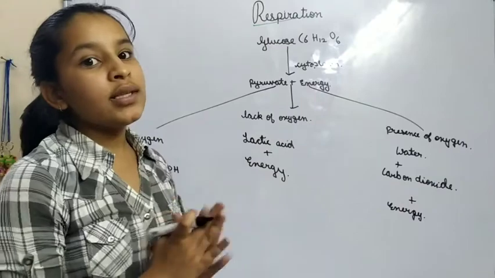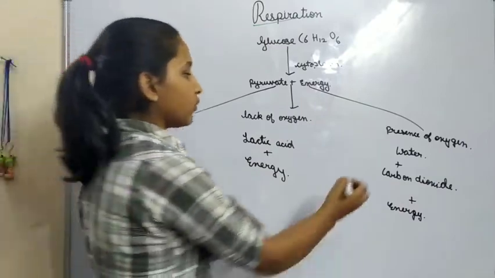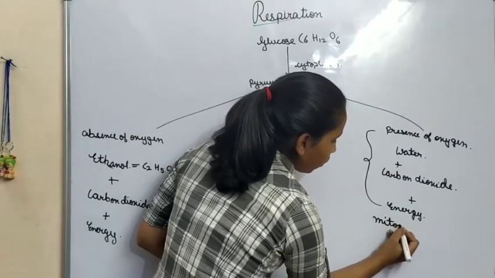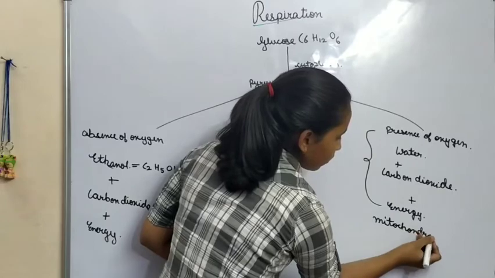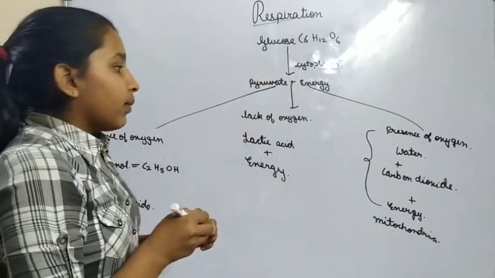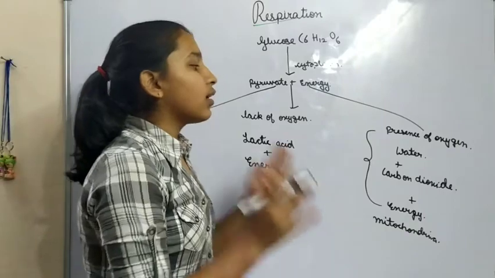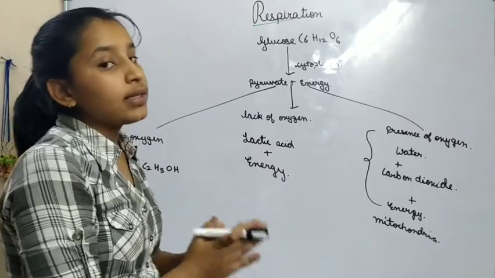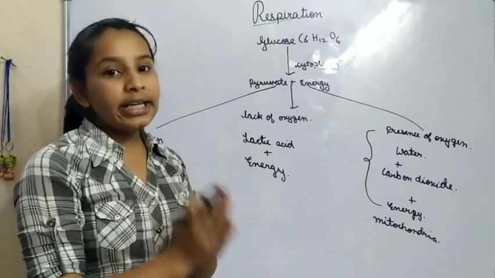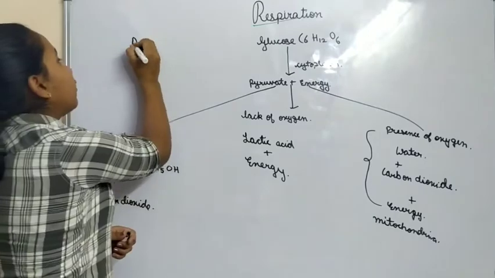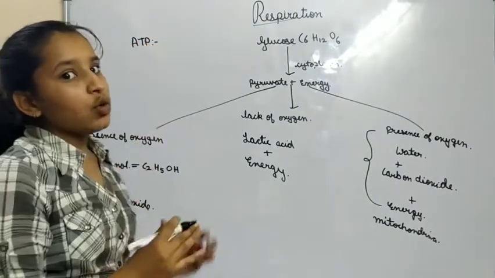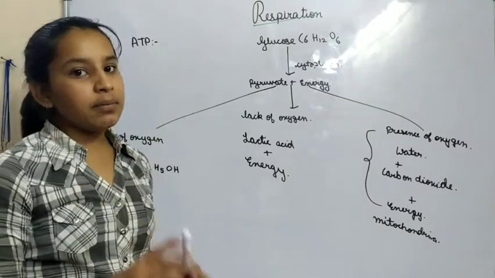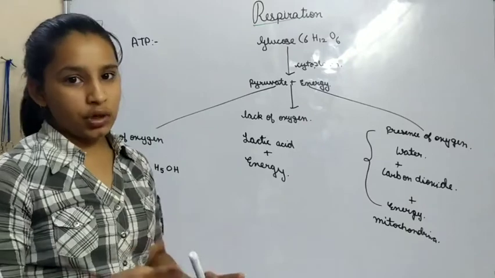And all this process occurs in mitochondria. This process synthesizes a molecule called ATP, whose full form is adenosine triphosphate, where tri means 3 and phosphate means there will be 3 molecules of phosphate.